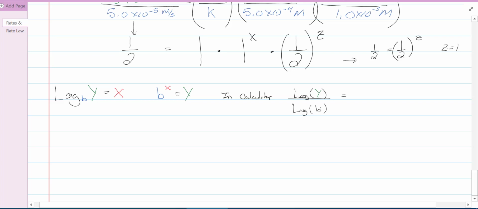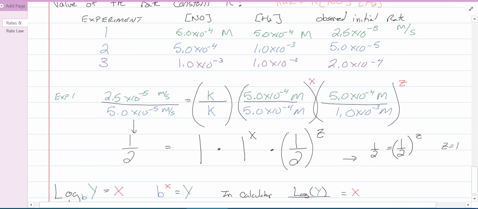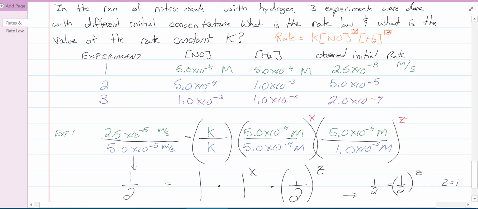And that'll give me x. In this case, it's z, right? Z is my x. So I do the log of 1/2 over the log of 1/2, and I get 1. Okay. So some of these you might know, and some of these you might not know, and that's okay. So that's why we can do it in the calculator. So z is 1. So I now know z is 1. So that's wonderful. This is 1.